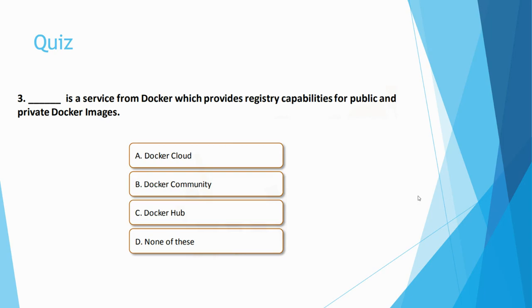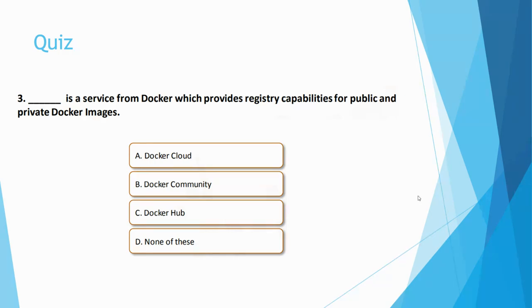Dash is a service from Docker which provides registry capability for public and private Docker images. Registry means the feature in Docker where you can save your images remotely. That is what the question demands. Option A is Docker Cloud, option B is Docker Community, option C is Docker Hub, and option D is none of this.